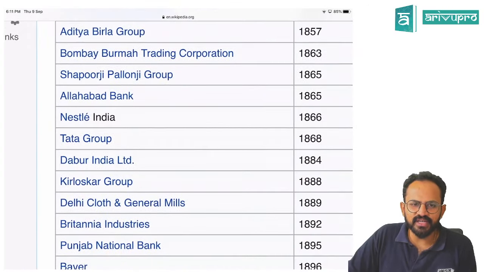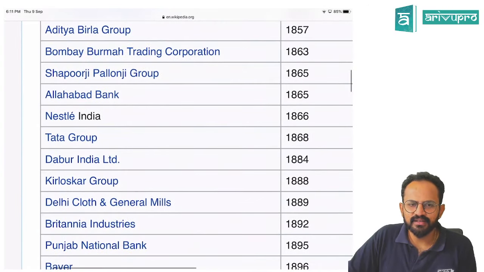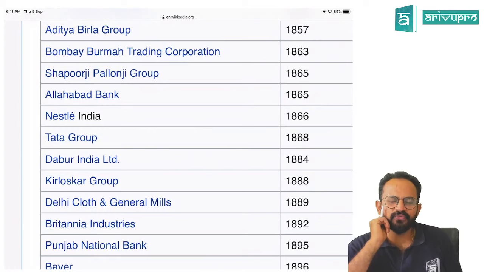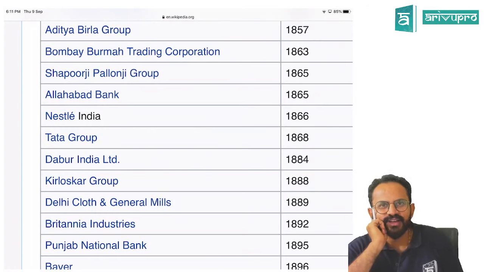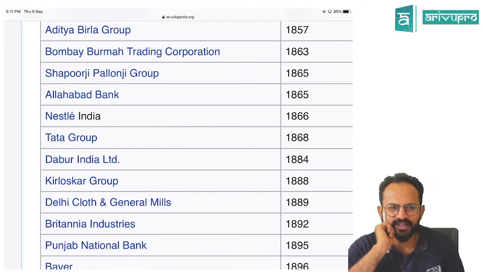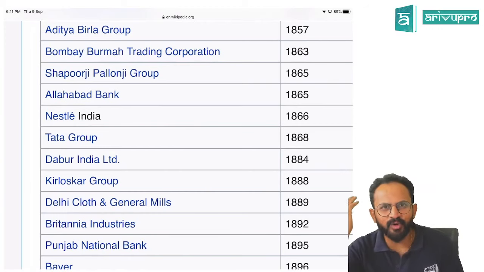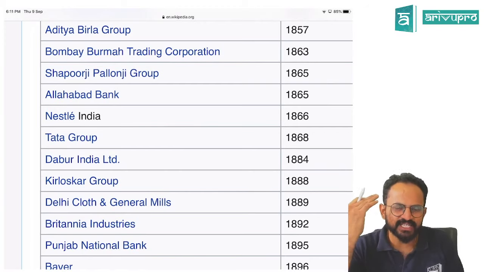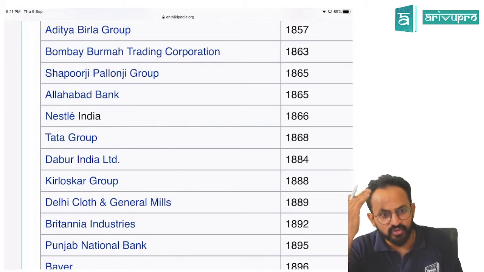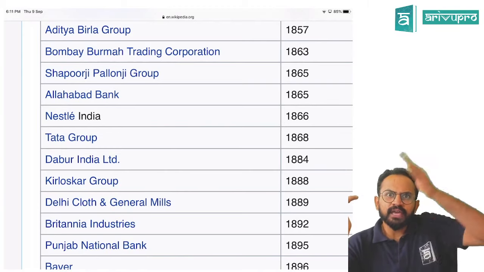So tell me, Tata Group, who was the founder of Tata? Ratan Tata. There was one more person called JRD, Jamshed.